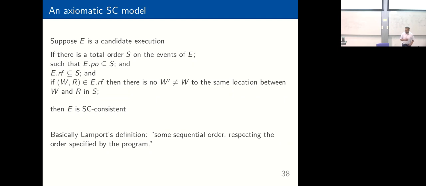And the third one, which as you can see takes a bit of stating, says that if I have a reads-from relation between two events, then nothing else in this linear order S sneaks in between. And that nothing else, in particular, the only ones we really care about are writes to the same location. So let's unpack that a bit.